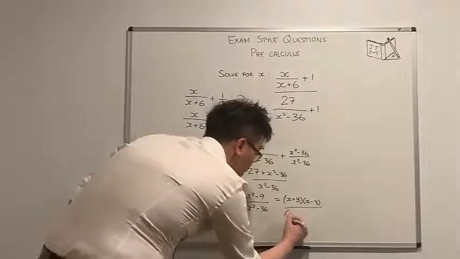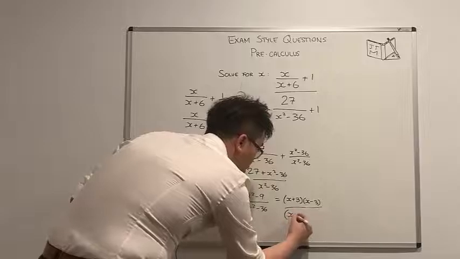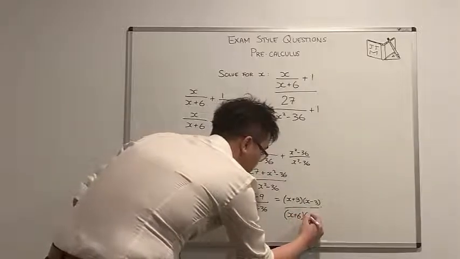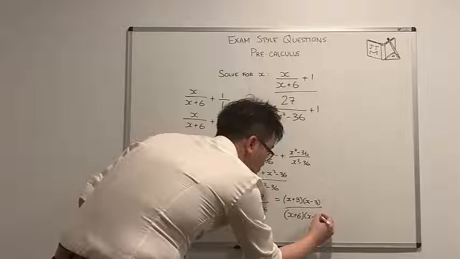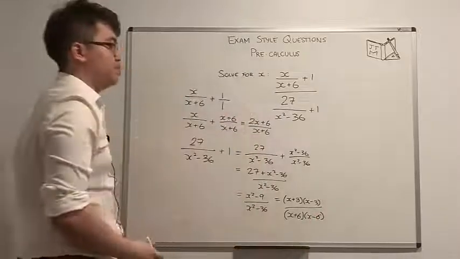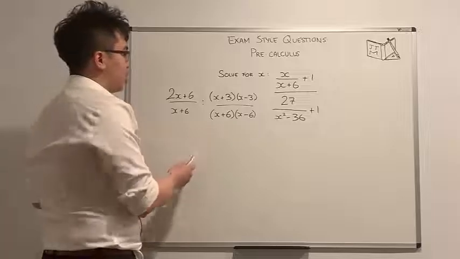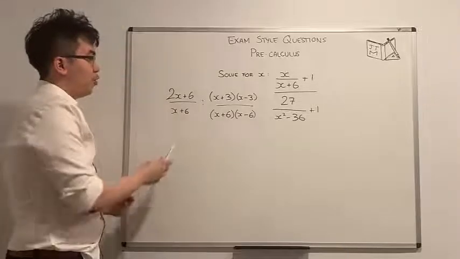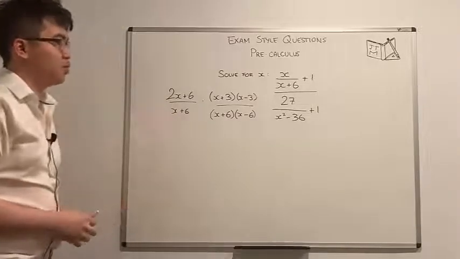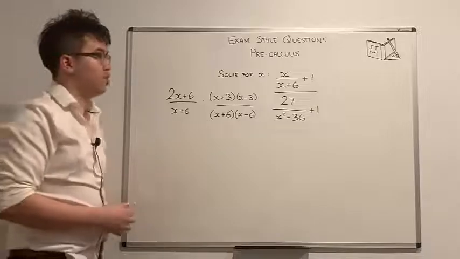We can factor it down, rather, into x plus 6, x minus 6. So far we've managed to simplify our complex fraction into this right here, where we've got 2x plus 6 over x plus 6 on one side, and then these factors on the other side.